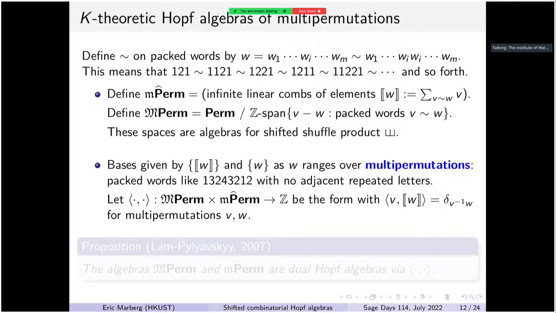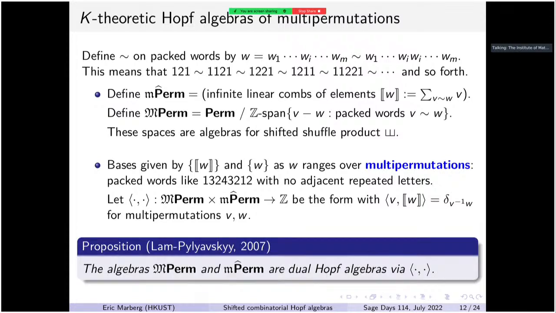So we're going to have these 2 bases, and we're going to define an inner product, or a bilinear form, that makes V and bracket W have value 1 if V is equal to W. Actually, I don't mean inverse here, just V equal to W.